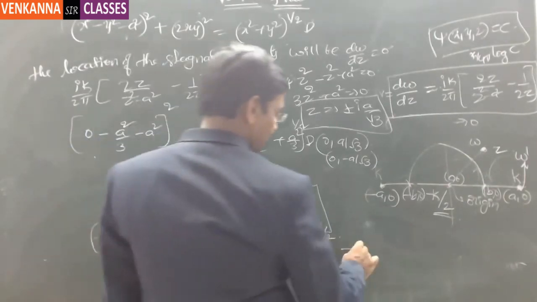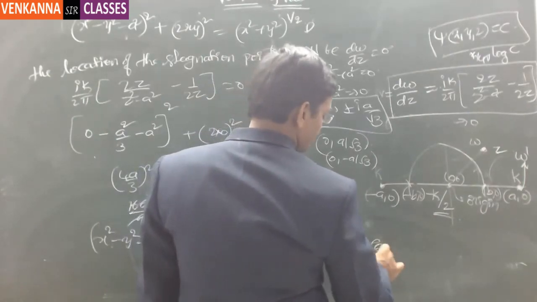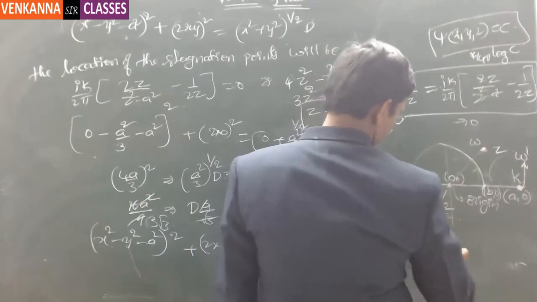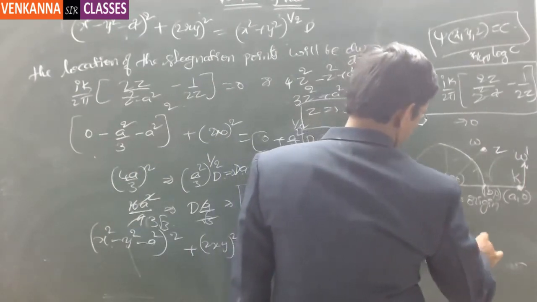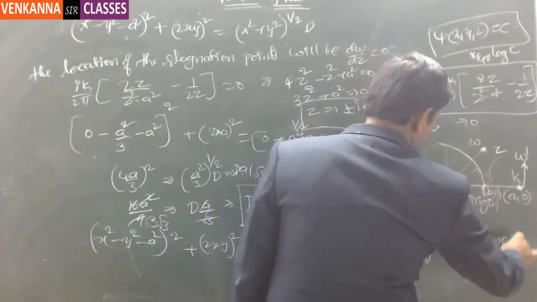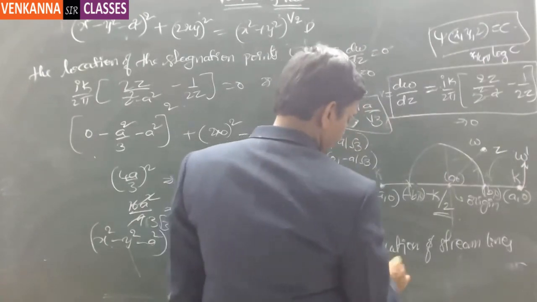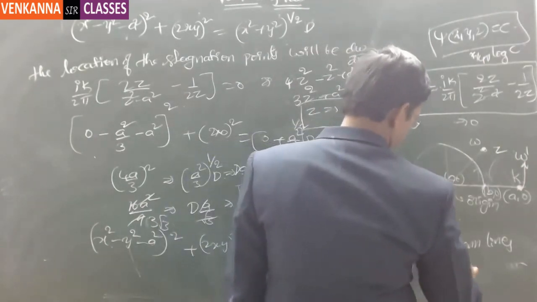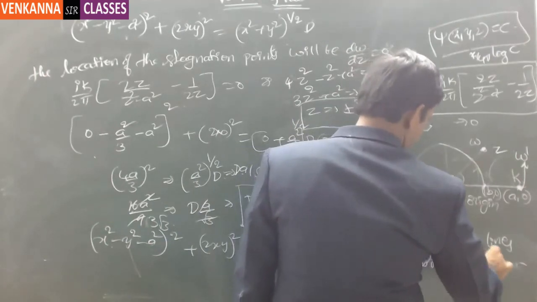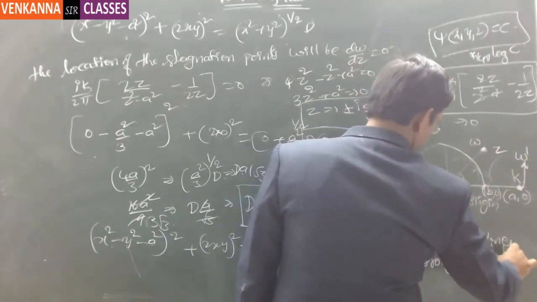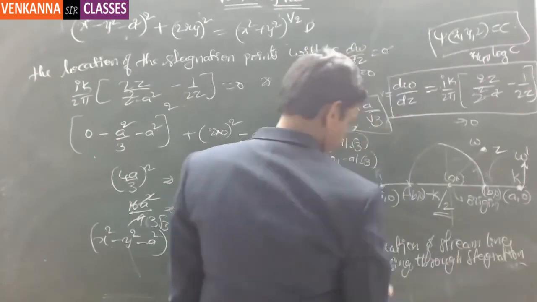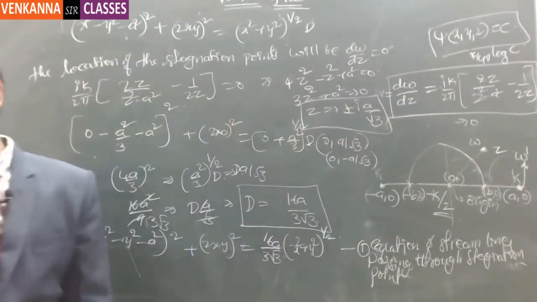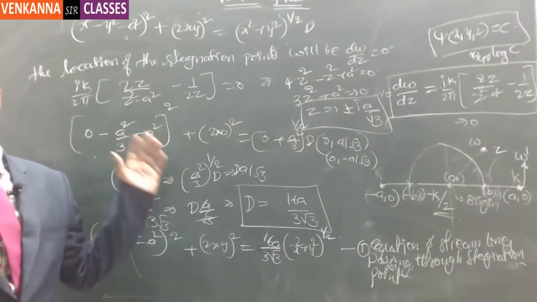So this is the equation of the streamline passing through the stagnation point, right? So I hope you understood this.